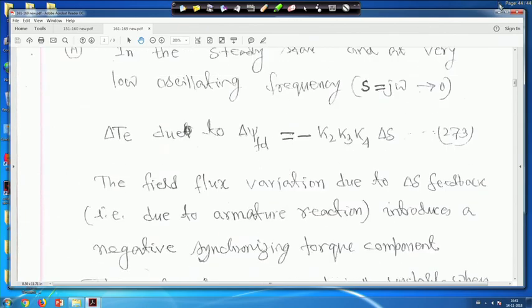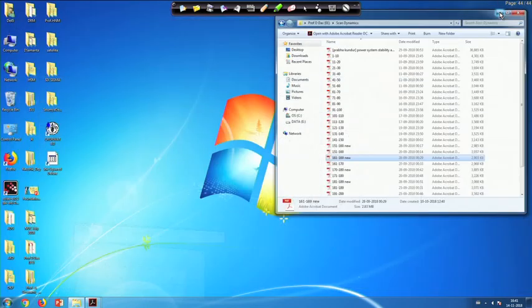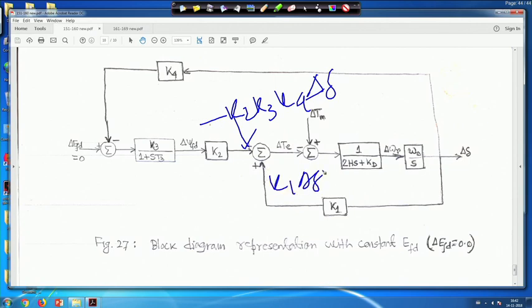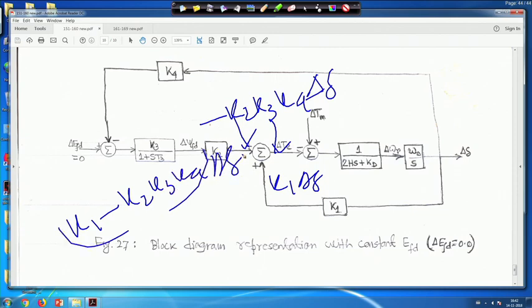Now, again I have to go back to that block diagram. This is our block diagram. In this case at low frequency, when ω tends to 0, the term going here is minus K2 K3 K4 Δδ, and from this side it is coming K1 Δδ. Then ΔT will be K1 minus K2 K3 K4 times Δδ.